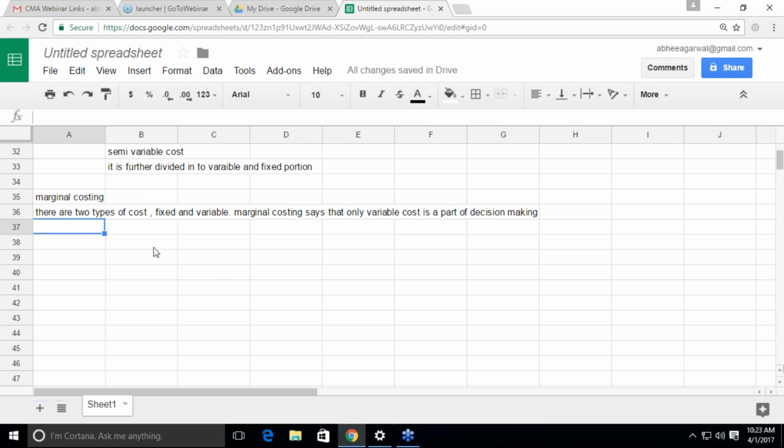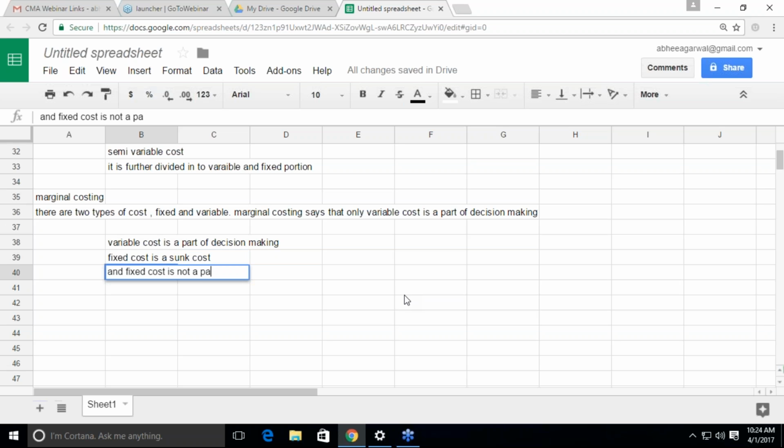First, I will explain this sentence: what does it mean that variable cost is a part of decision making? What decision do we have to take? The second important statement is that fixed cost is a sunk cost, and fixed cost is not a part of decision making.